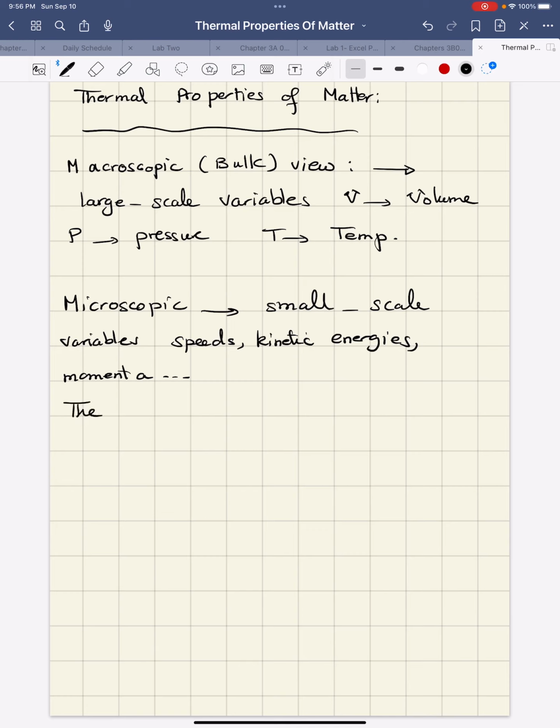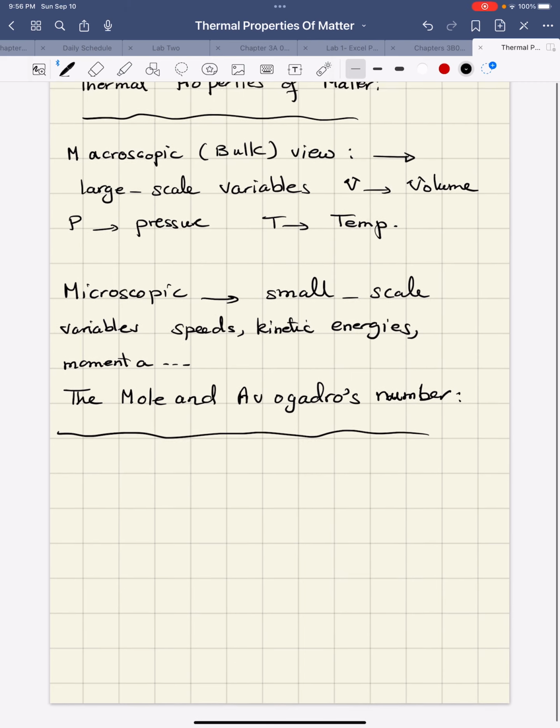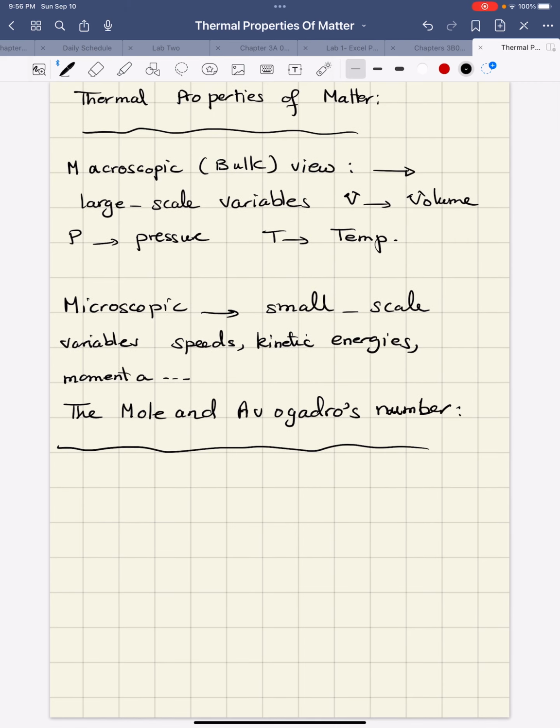The first thing that we are going to introduce is the concept of the mole and Avogadro's number. And maybe if you took a chemistry class before, you are familiar with these.